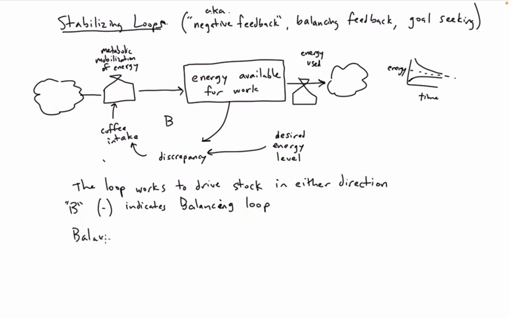And balancing loops are sources of stability. They resist change.